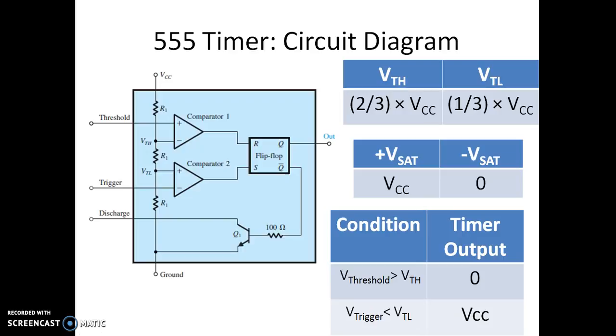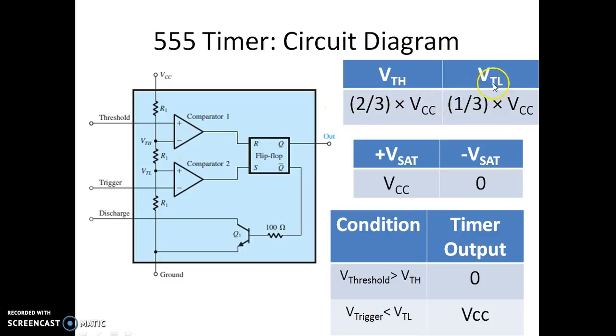One is the reset pin for this flip-flop and one more extra pin for controlling the VTH. So as you can see from the circuit diagram, VTH, which is called the higher threshold voltage, is usually 2/3 of VCC if we are not forcing any voltage at VTH.